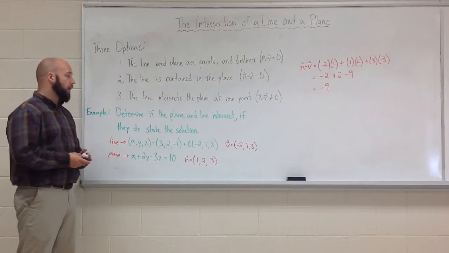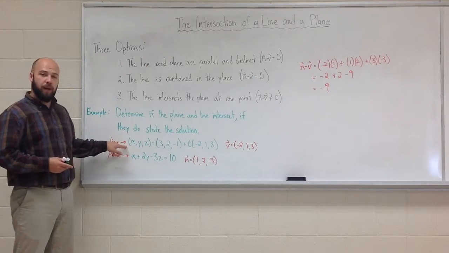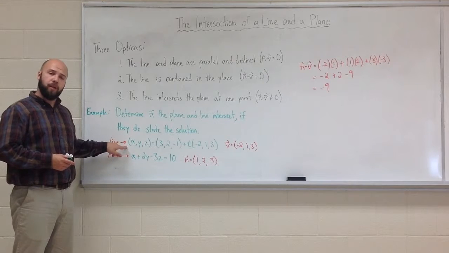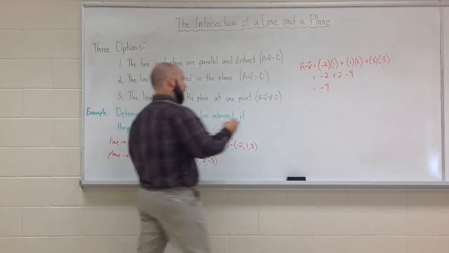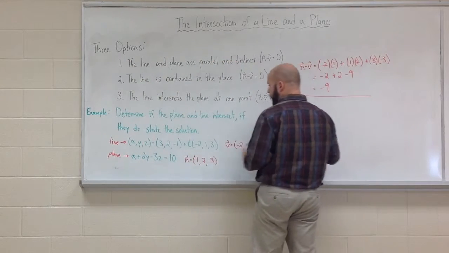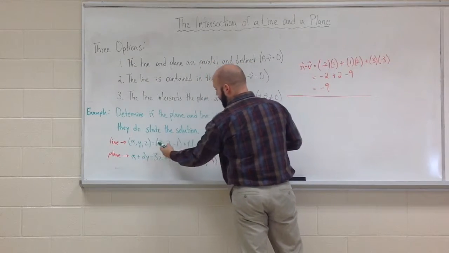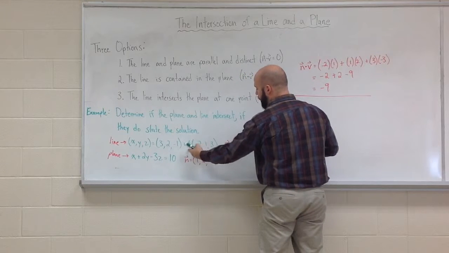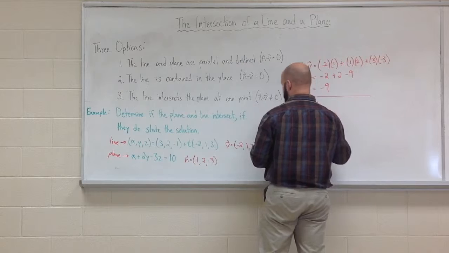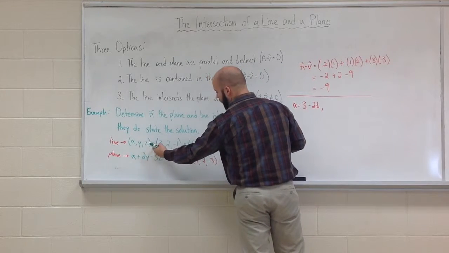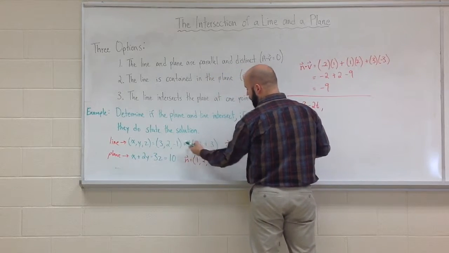To determine that point, we change the line into its parametric equations and plug those parametric equations into the plane. x is going to be 3 minus 2t. y is going to equal 2 plus t.